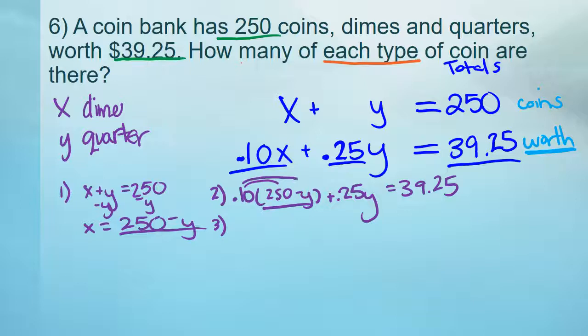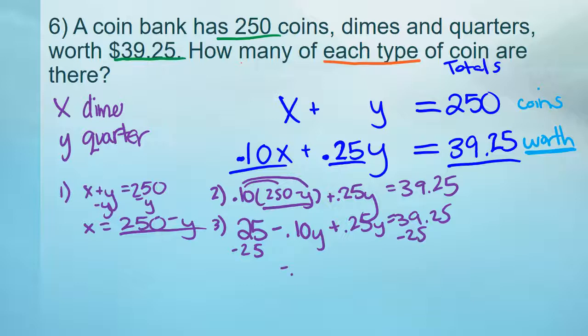So first I have to distribute a tenth of 250, or 250 times 0.10. Essentially, all we're doing is moving the decimal point, and we end up with 25. 0.10 times negative y, negative 0.10y. That takes care of my parentheses. Next, I'm going to subtract that 25 to the other side of the equation.